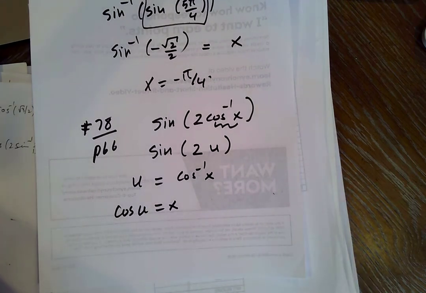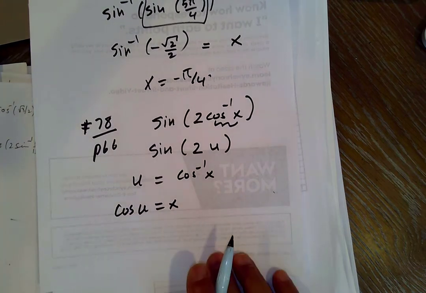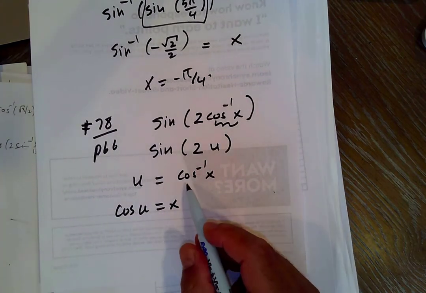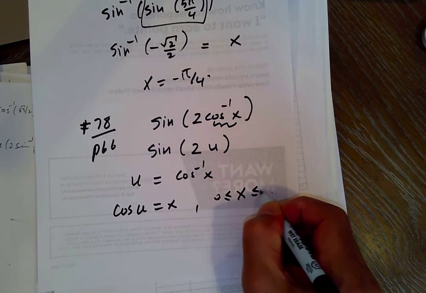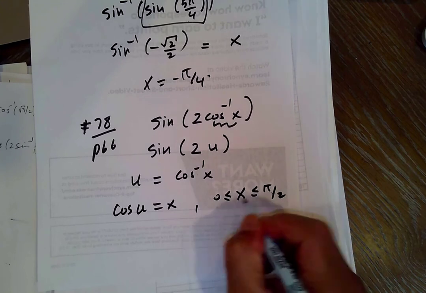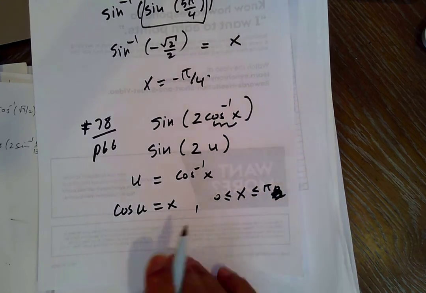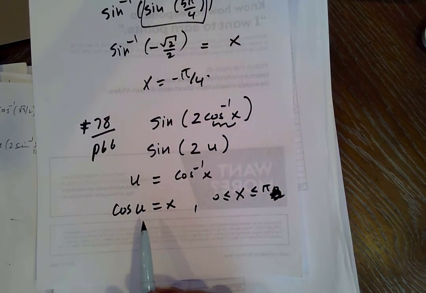Now it says simplify. So cosine u is x, and we are in the first or second quadrant because we're doing cosine inverse, between 0 and pi.